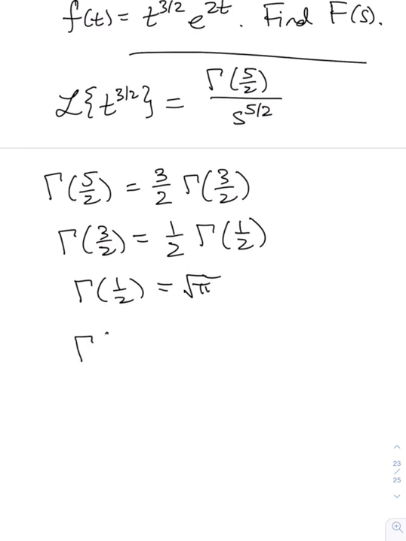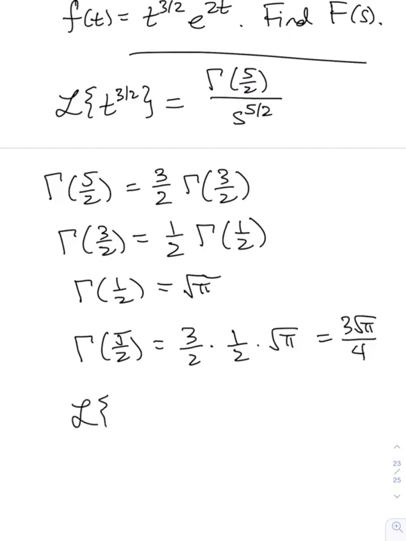So gamma of 5/2 is 3/2 times 1/2 times the square root of pi. So it's 3 root pi over 4. Okay, so the Laplace transform of t to the 3/2 is 3 root pi over 4 times s to the 5/2.